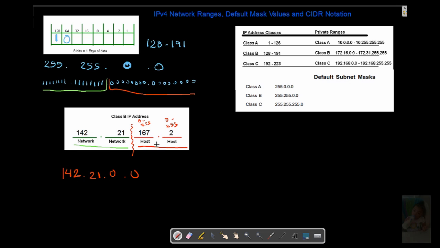Our host address in this example is the 167.22. That would be the John Doe or the Jane Doe, or in this case the computer, the device, the server, the printer, whatever it is. That is his identifiable address. This is how you find them. This is our network. So we go network, host.